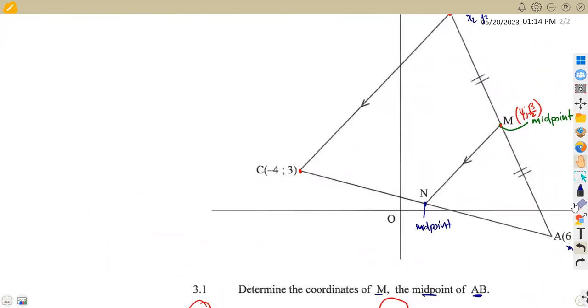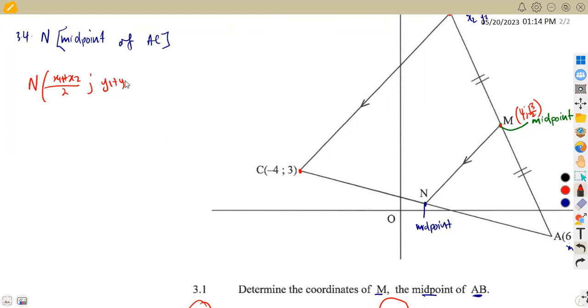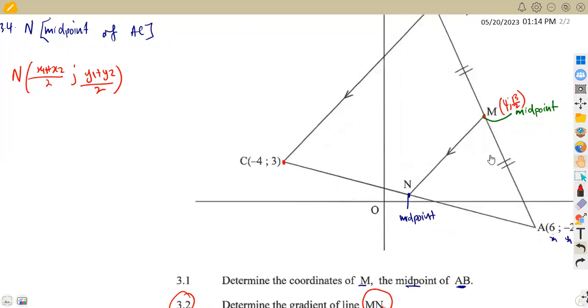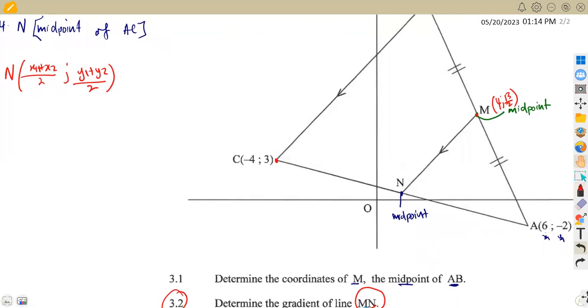So n is the midpoint of line AC, from A to C. If n is the midpoint of AC, we're going to apply the same formula for finding the midpoint, that is x1 plus x2 over 2, y1 plus y2 over 2. In this formula, we can add the values of x at the points that we are given at point A and at point C.